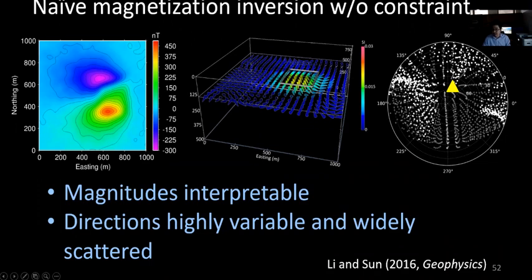They are scattered everywhere. And for comparison, this yellow triangle here represents the true magnetizing direction. So the lesson we have learned is that the recovered magnitudes are highly interpretable, but the directions are highly variable, as you can see here, and therefore not quite interpretable. So we want to improve the recovered magnetizing directions.